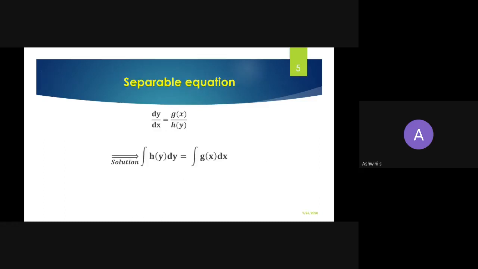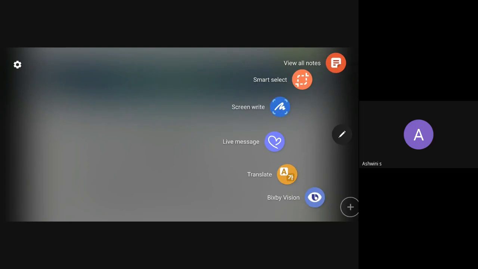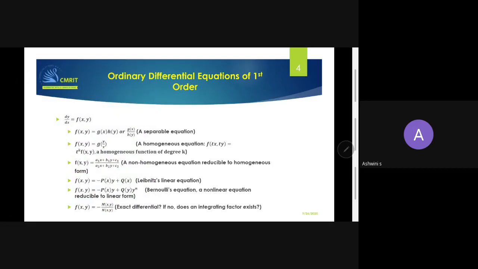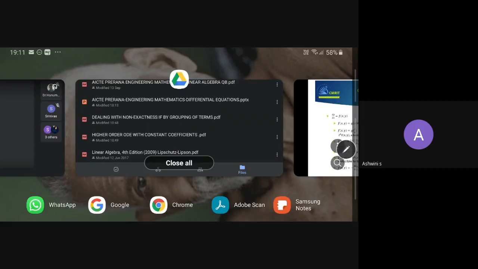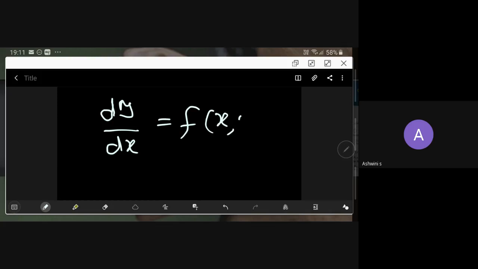A separable equation, the general form here is the first order differential equation dy/dx = f(x, y).